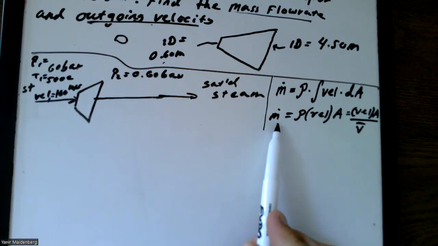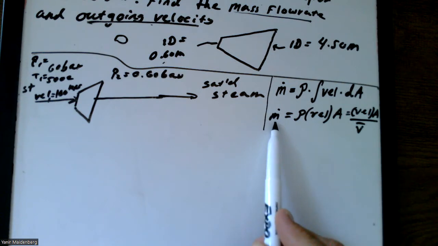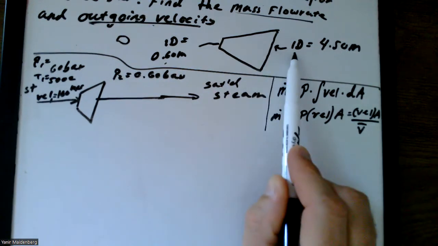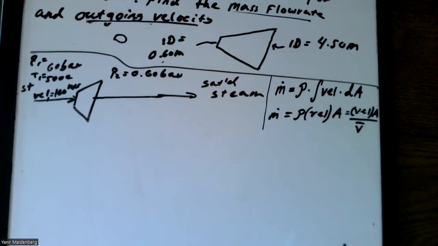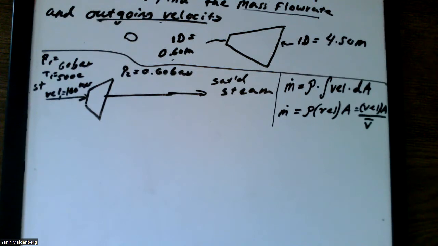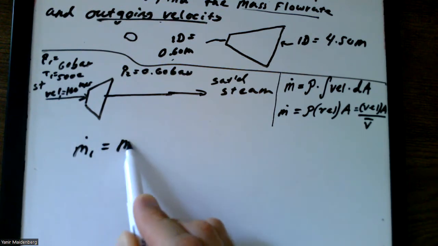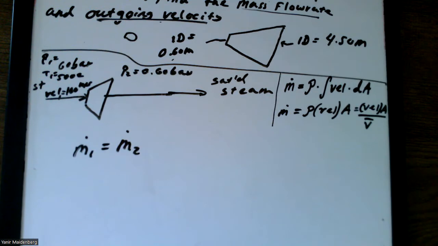We do know from the conservation of mass that any mass coming in here is going to be equal to the mass coming out, since there is no accumulation. It's a steady state device. Steady state meaning nothing is changing with time, so there wouldn't be any accumulation. There's no reaction or anything like that. So we can assume that the mass flow on the left end, which we call state 1, is going to be equal to the mass coming out on the right side, which we'll call state 2.